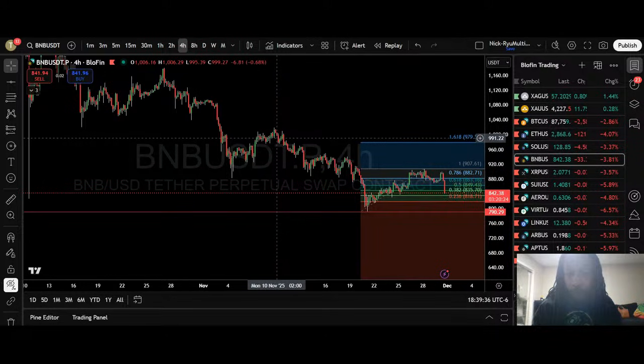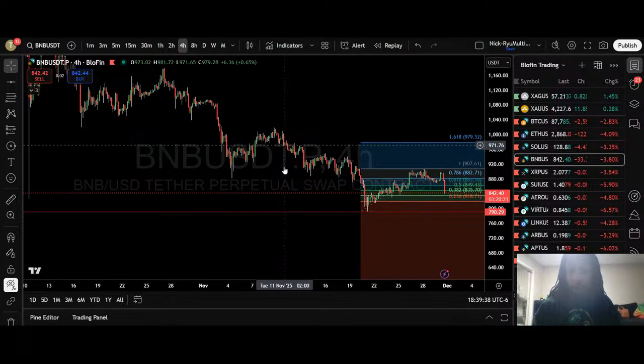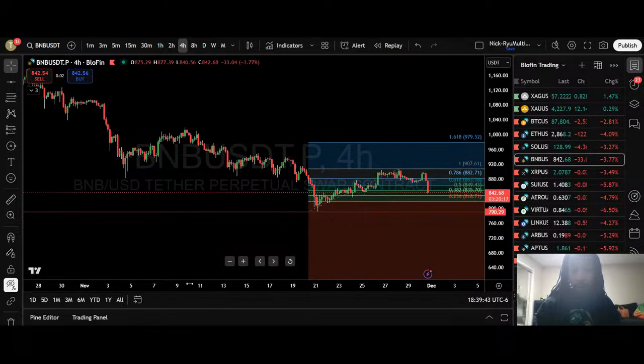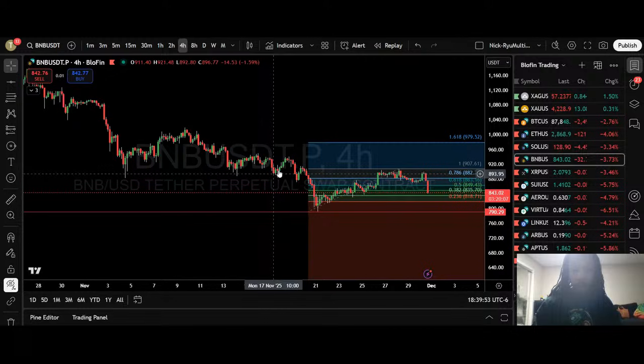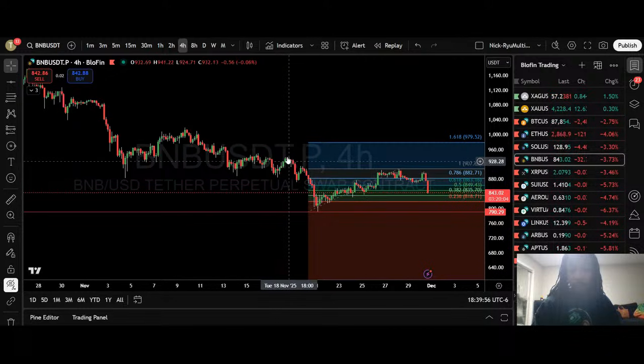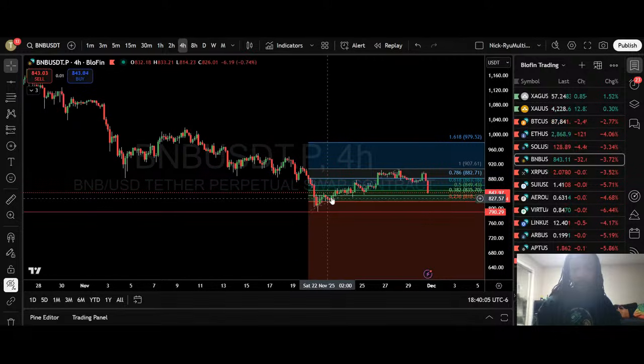Wait, here it is right here. Bearish engulfing. Y'all see it. I don't want y'all to think I'm making nothing up. Bearish engulfing, drop, consolidation, resistance, bearish engulfing, drop, push up, consolidation, resistance, bearish engulfing, drop, correction, indecisive, bearish engulfing, drop, correction.